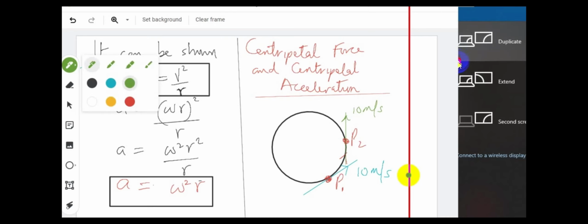So we can conclude that an object that moves in a circular path has a constant speed, but a constantly changing velocity because of the change in direction.